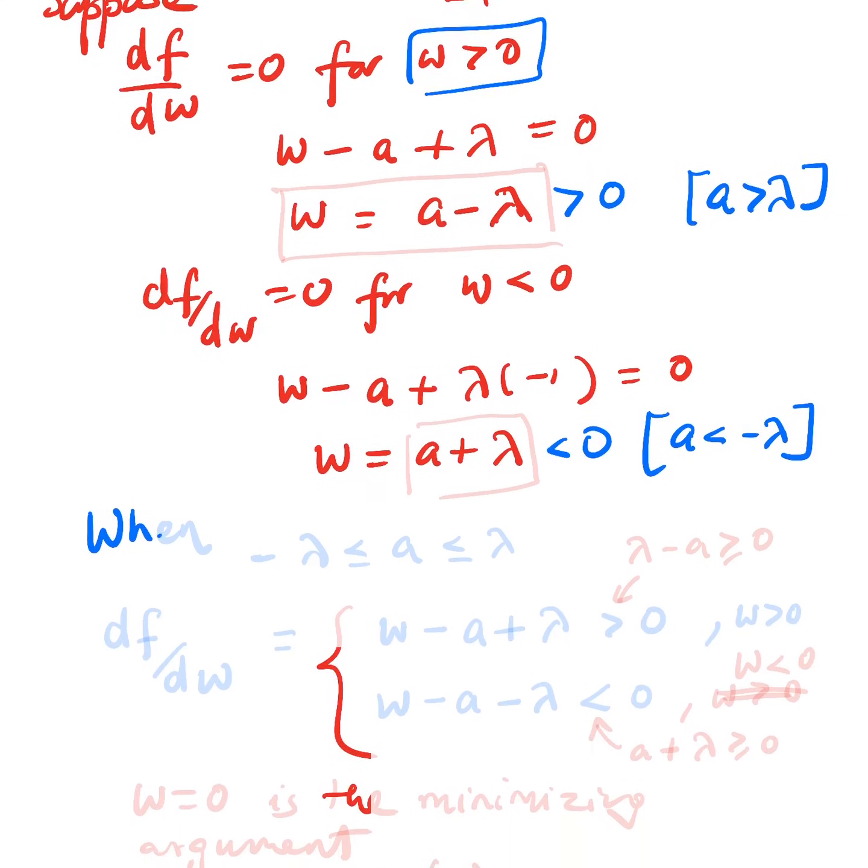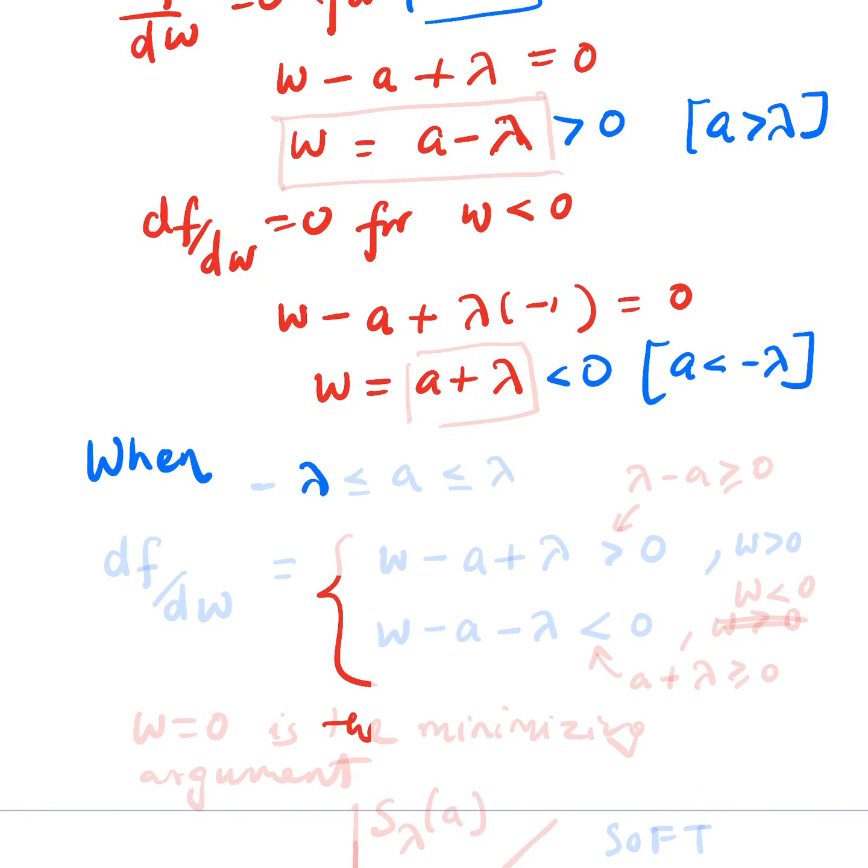So now let's suppose that a is between minus lambda and plus lambda. Let's compute df by dw. Well, for w bigger than 0, it is w minus a plus lambda, just like we have computed, and this is of course positive.